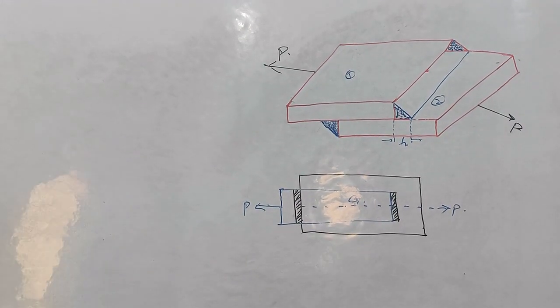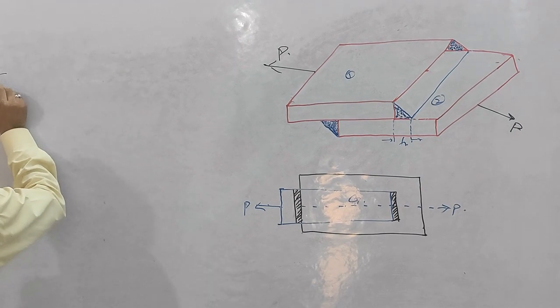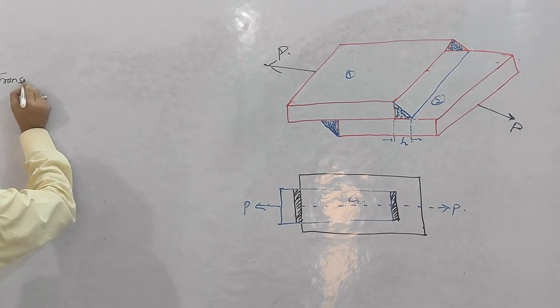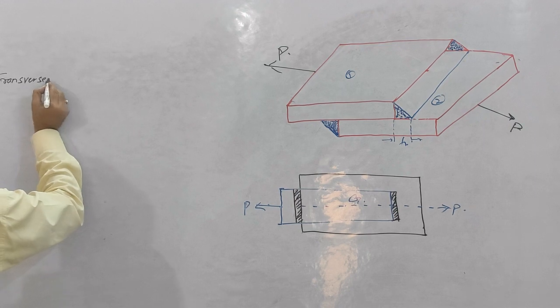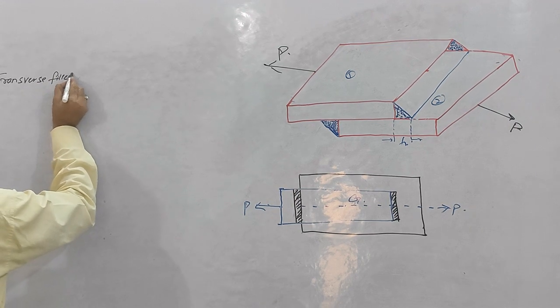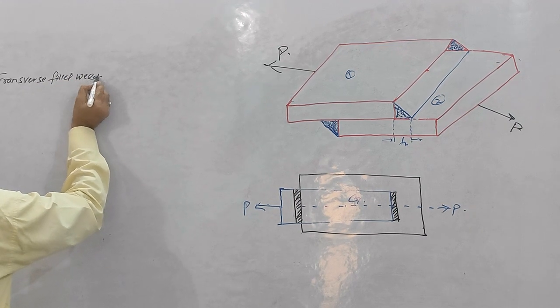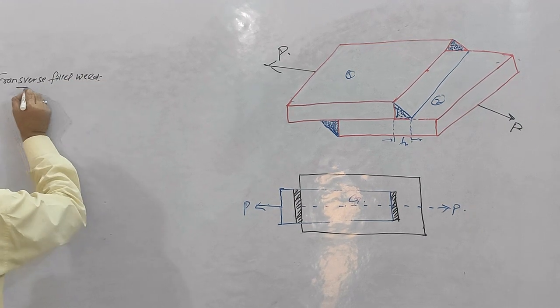So next one is transverse fillet. Transverse fillet belt. Understand?